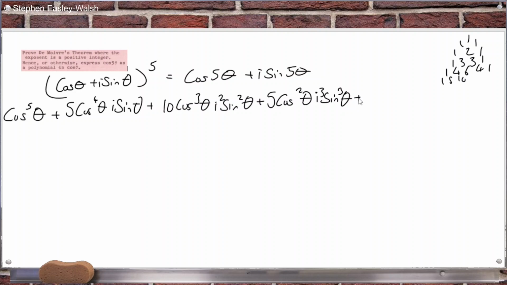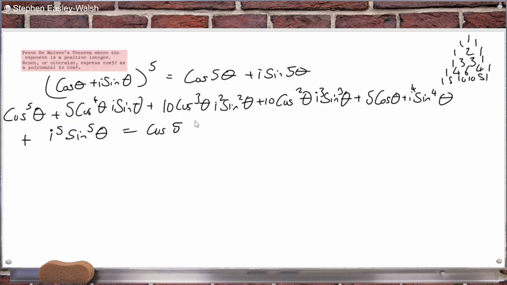So 1, 5, oh, that's a 10, not a 5. It's 10, 10, 5, 1. So then it's plus 5 cos theta i to the power 4 sine to the power 4 theta. I'm going to run out of space. And then plus the last one, which is i to the power 5 sine to the power 5 theta, and that's equal to cos 5 theta plus i sine 5 theta.